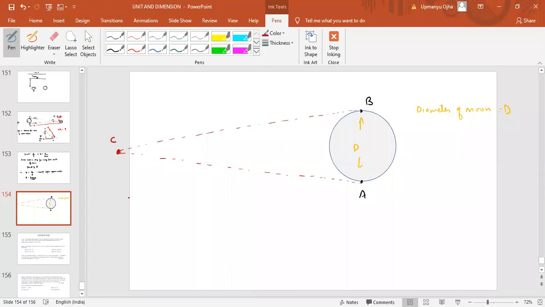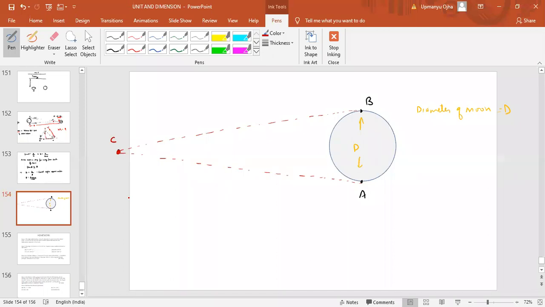Now just imagine you are looking at the full moon. If you have a telescope and you are observing the diameter of the moon, you have to rotate the telescope at a very small angle. The moon's diameter would be very small when we are observing from a certain point.